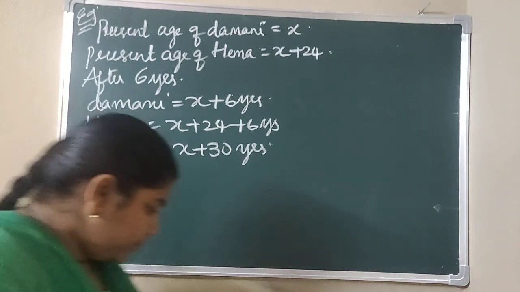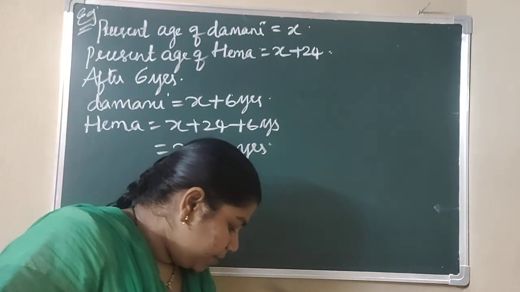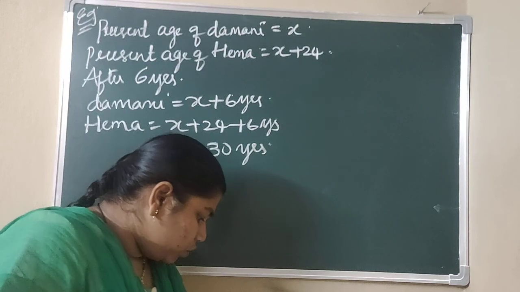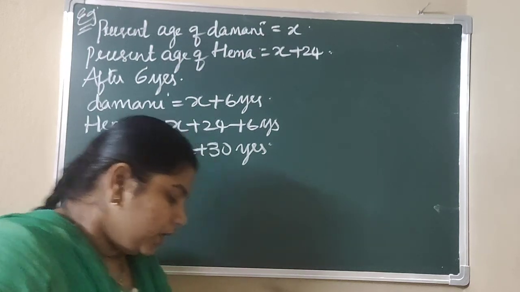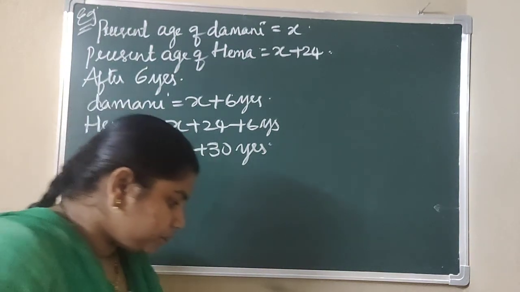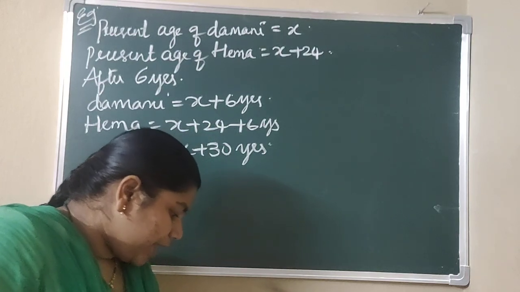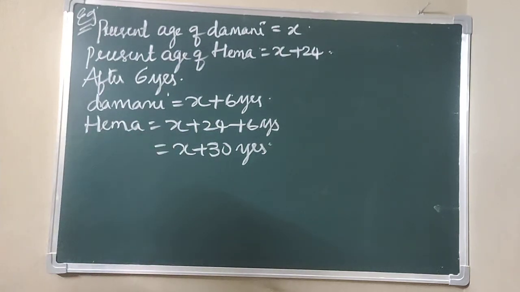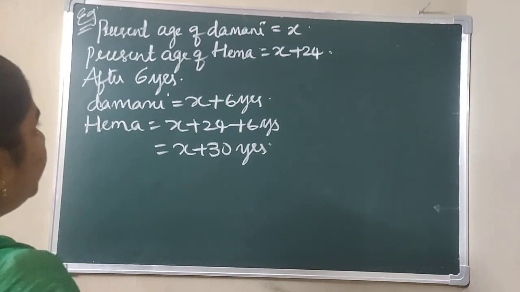And what they told here? Hema was thrice as old as Damini. So what will be the present ages here?